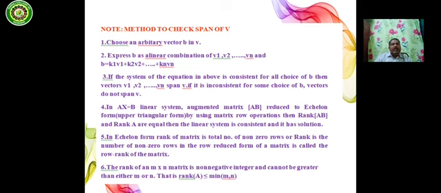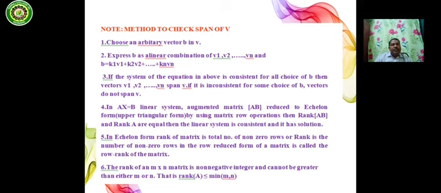Upper triangular form means we make the elements below the diagonal zeros. If in a square matrix the elements below the diagonal are zeros, that matrix is called an upper triangular matrix.